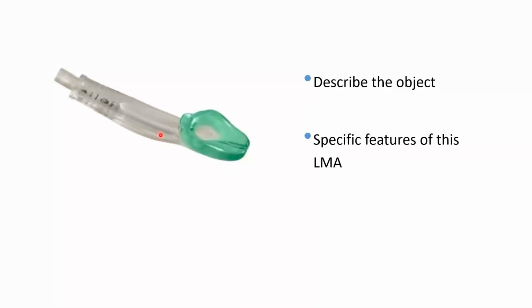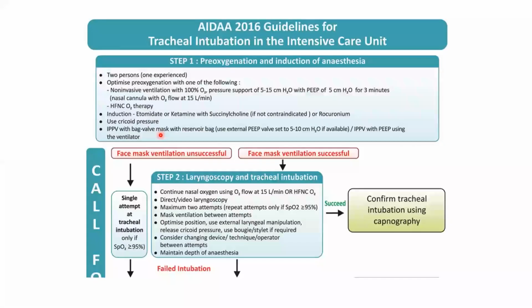I'll just briefly tell you about the difficult airway algorithm for ICU patients. The All India Difficult Airway Association was the first to come up with difficult airway guidelines for ICU patients.